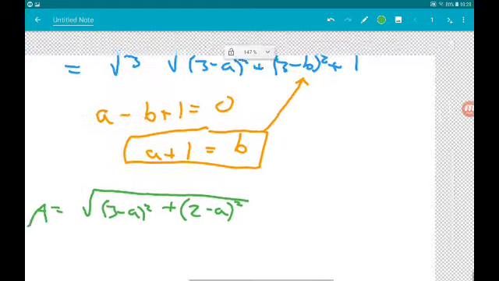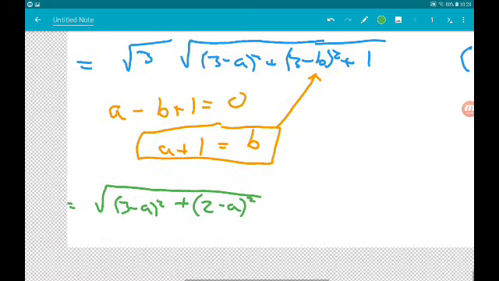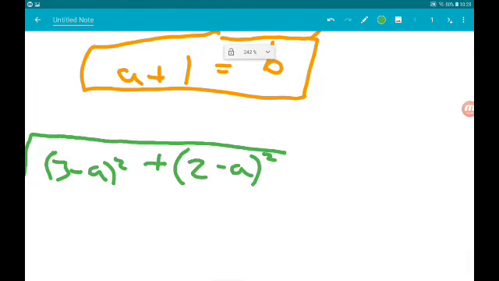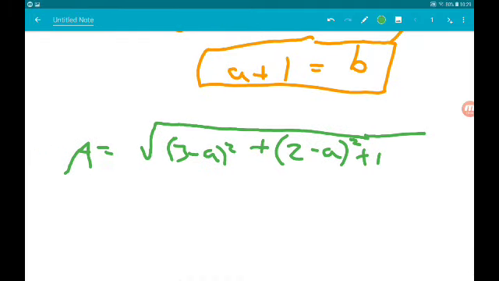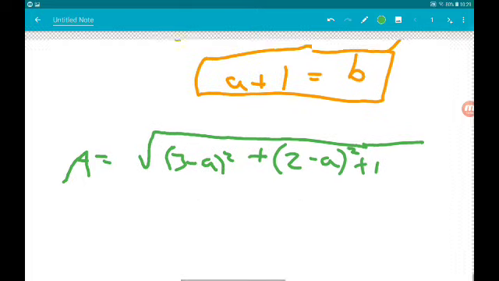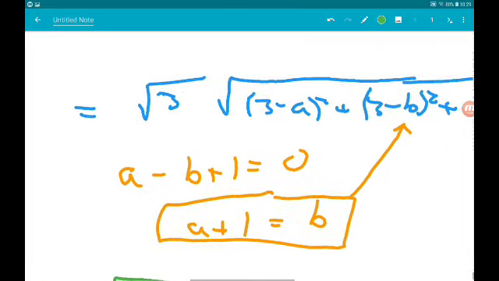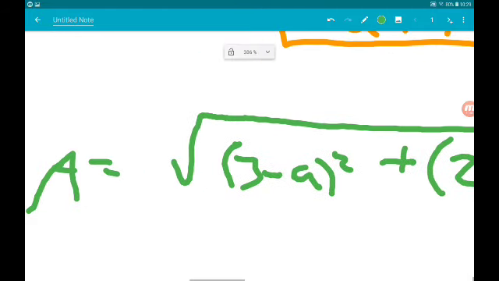And then we got the add 1 at the end. Okay, so we're happy now because we have an expression for the area in terms of one variable. Let's expand all those brackets and hope that this simplifies nicely. And also, let's not forget our root 3 at the start.